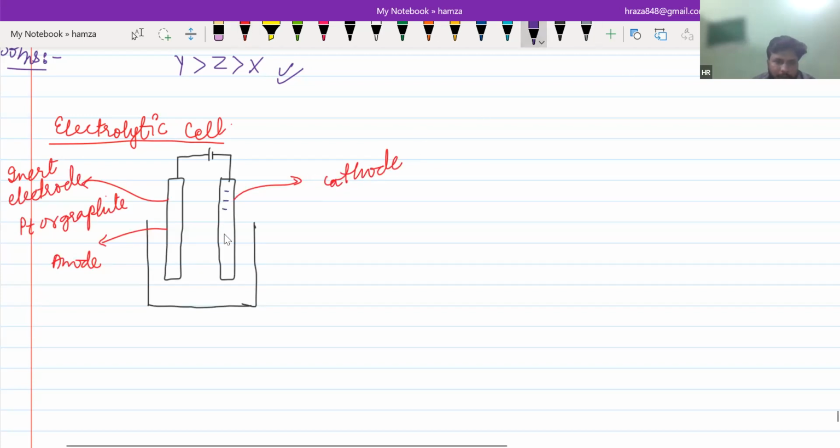This is negatively charged and this is positively charged, and there is a solution in this container. This solution varies depending on whether you take it in molten, aqueous or diluted state. First, I am going to take the molten state. Now we have molten NaCl.